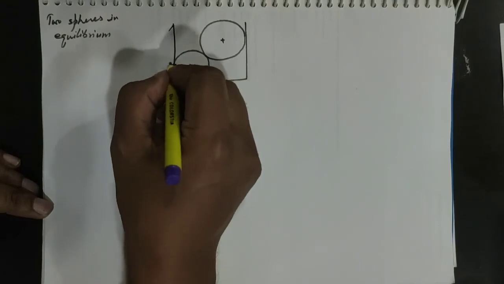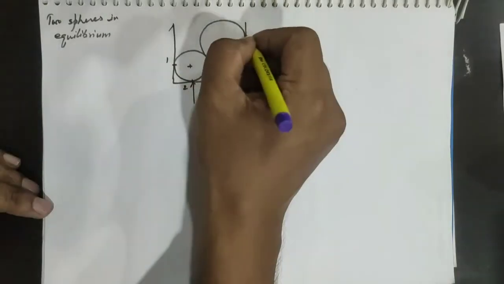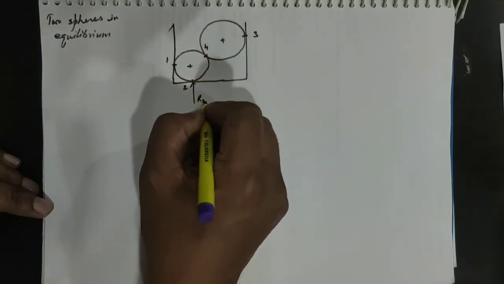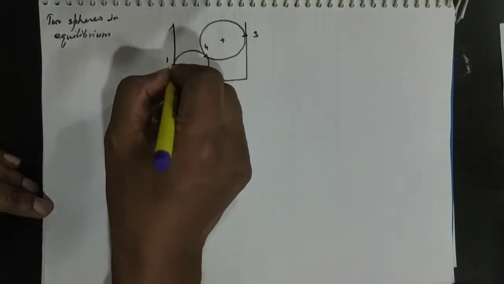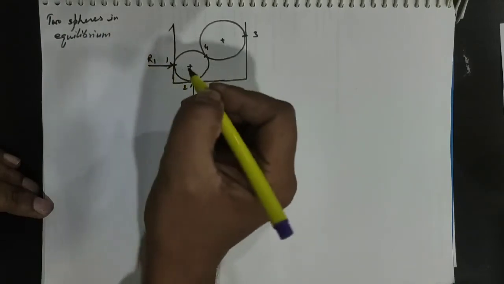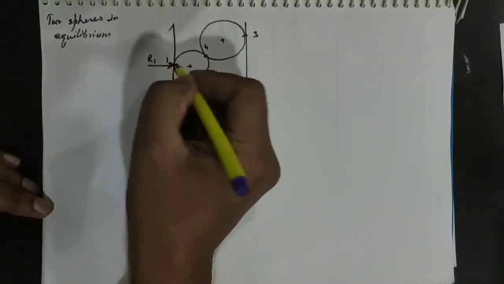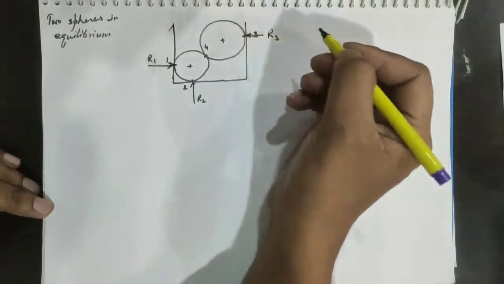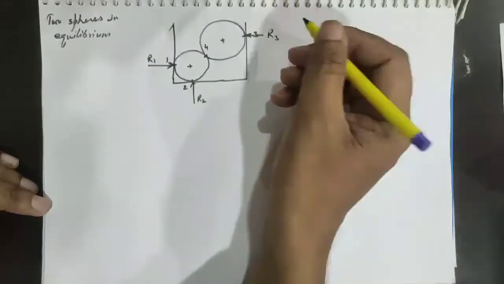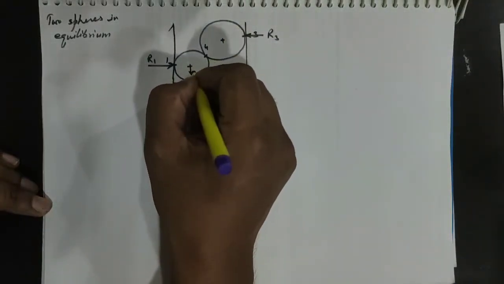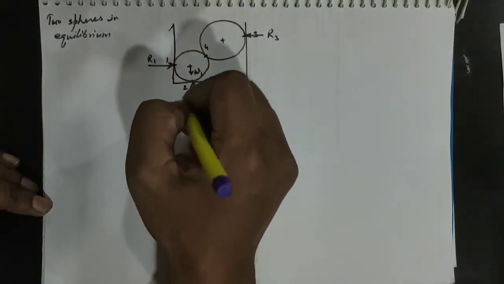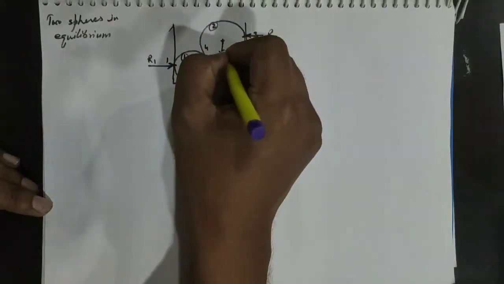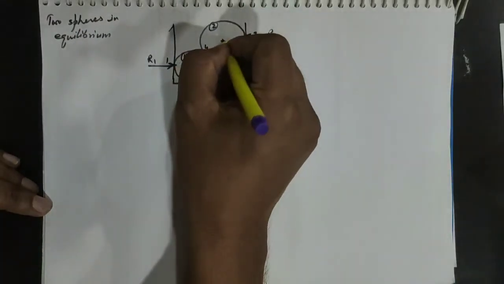At this point, this is point 1, we assume this is point 2, this is point 3, this is point 4. R2 is vertical, this is R1 horizontal, this is R3 horizontal, and here the weight W1 goes downward for the first, and W2 for the second lies in this direction.